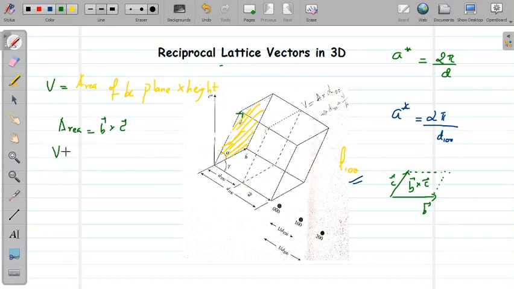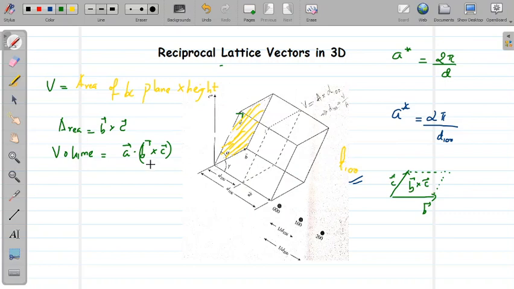Now what is the volume of this unit cell? The volume of this unit cell is a bar dot b bar cross c bar. This is also a basic equation from mathematical physics. If you have three vectors a bar, b bar and c bar constituting the three adjacent sides of a cube, then its volume will be given by a bar dot b bar cross c bar.